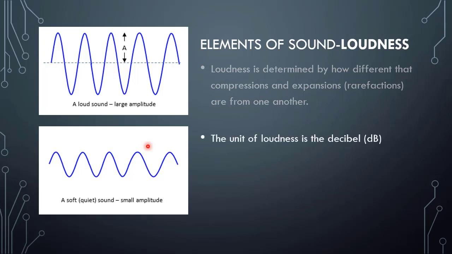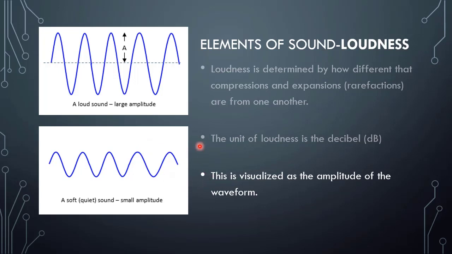As we already said, the unit for this is decibels. The decibel system is logarithmic, so it's a non-normal scale, and that means that as things go up 10 decibels, they get louder very, very quickly. It doesn't go in a linear count system, and they get exponentially louder at each 10 decibels we go up. Again, if we're looking at a waveform like this, we visualize the decibels as the amplitude or peak of the waveform.